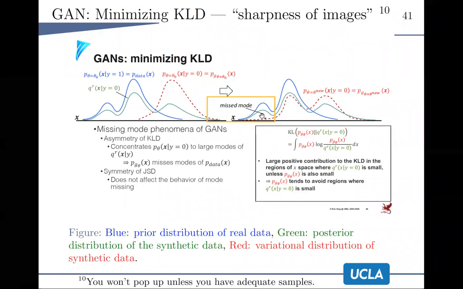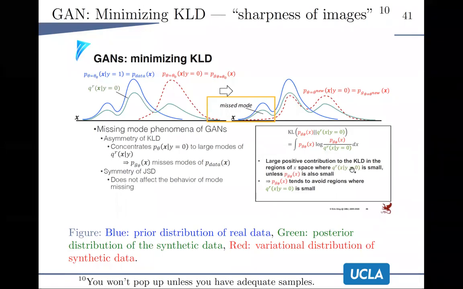In this frame, the KL divergence is this equation, right? It says there is a large positive contribution to the KL divergence in the regions of X space where Q_R is small.